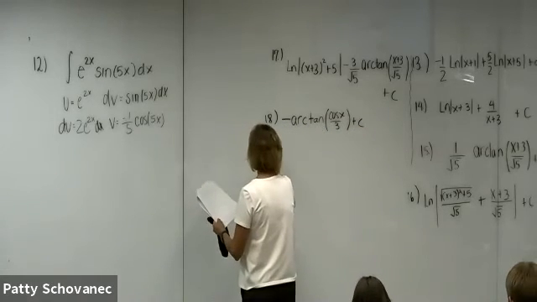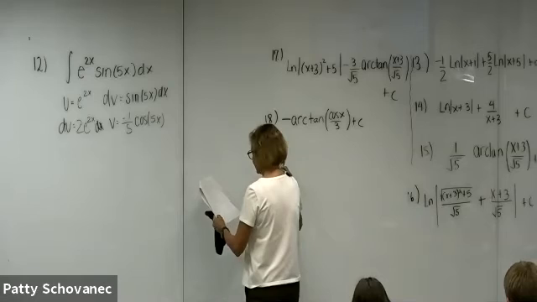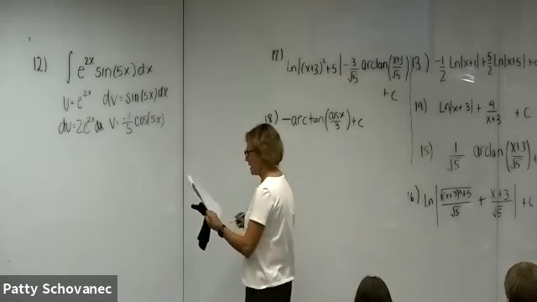Number 19 was repeated integration by parts, so you could do that in table form. It has a real long answer.